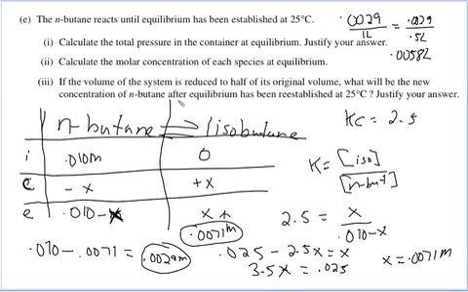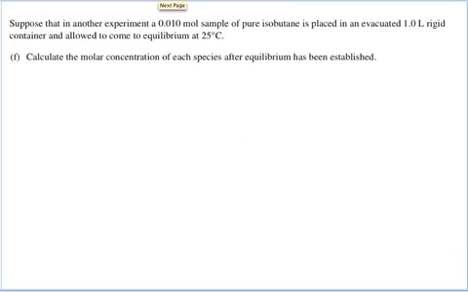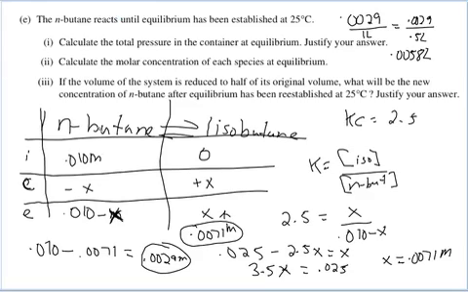I need to go to the next page. Suppose in another experiment 0.010 moles of isobutane is placed in the evacuated 1 liter cylinder and comes to equilibrium at 25 degrees. This one is just the reverse of the other reaction, starting out with isobutane instead of N-butane.